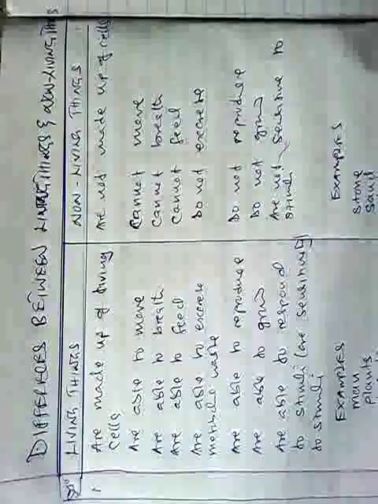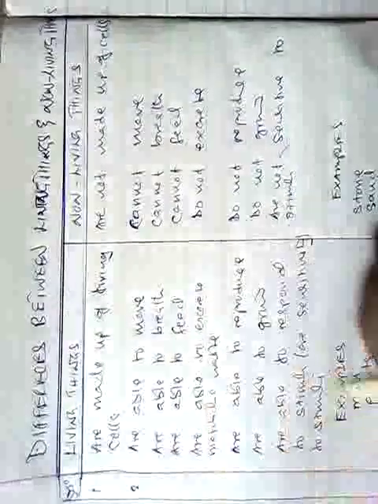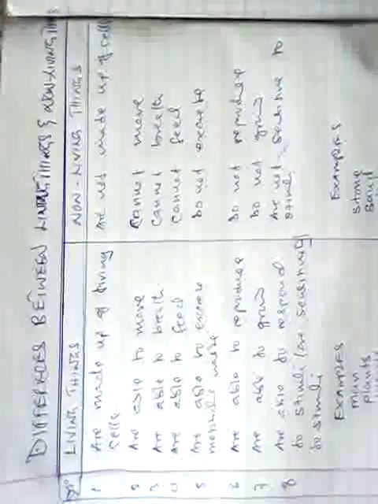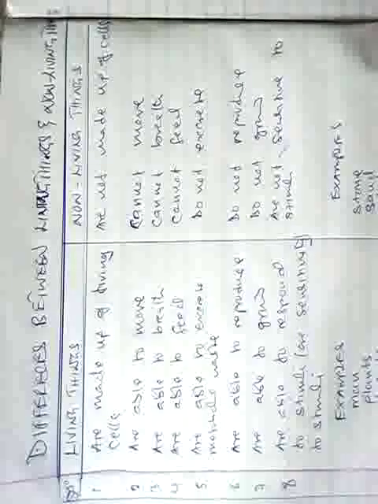You can also put the serial number if you wish, so that you put difference number 1, difference number 2, difference number 3, number 4, number 5, number 6, number 7, and number 8, something like this.